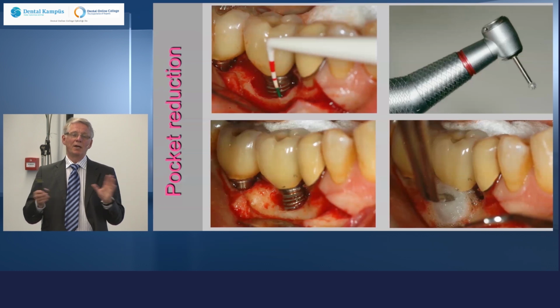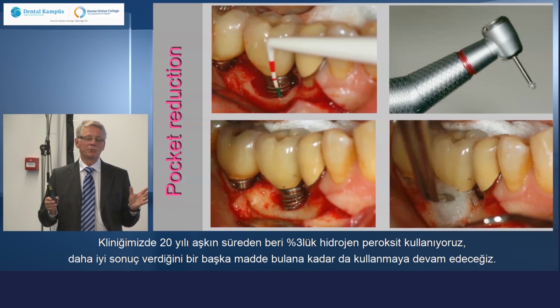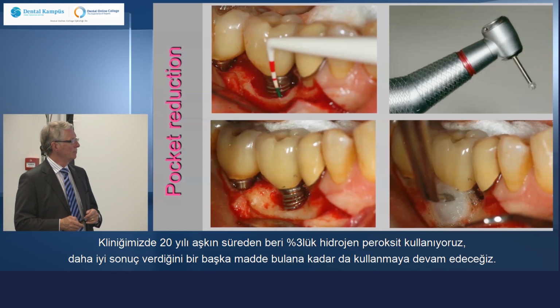We have used 3% hydrogen peroxide in our clinic for more than 20 years, and as long as we cannot find something that is shown to improve the results, we will continue to use that material.